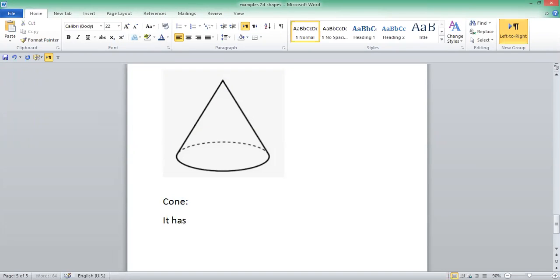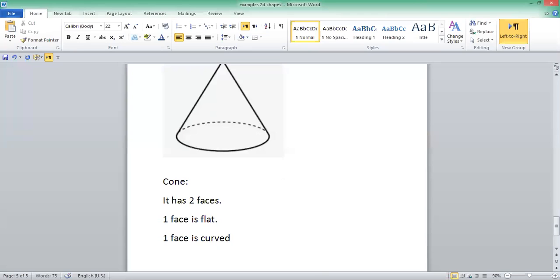It has two faces. One face is flat. Flat means you can put something on it and it cannot be rolled.